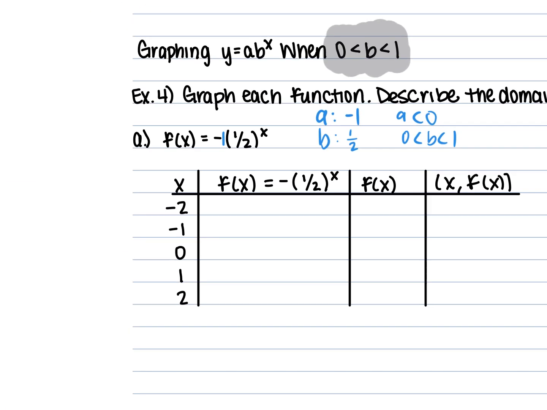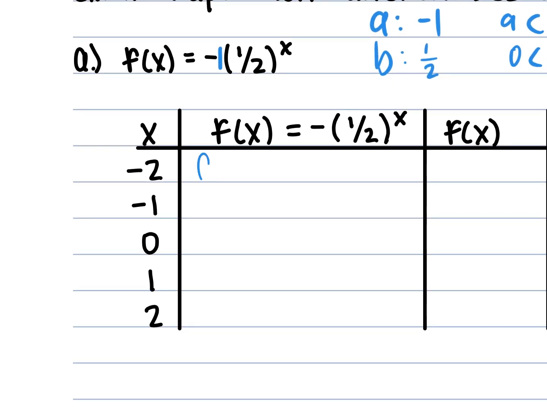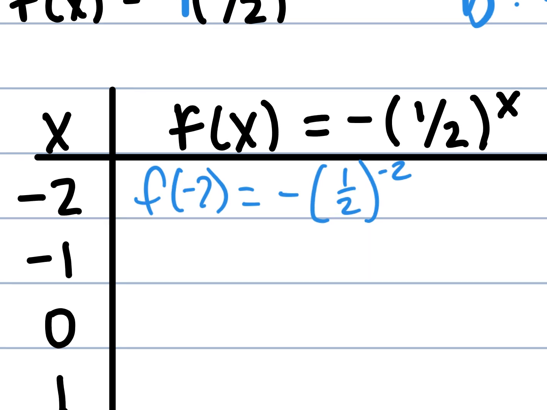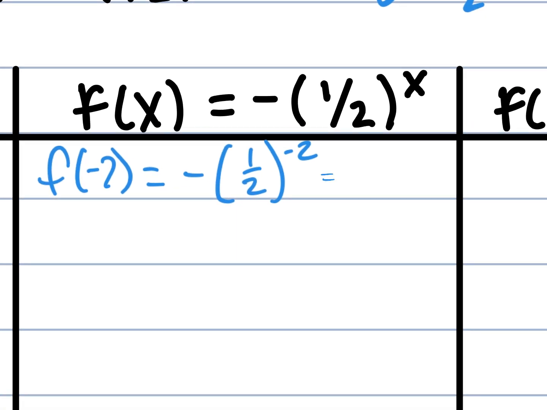All right, let's start by plugging in values. So we're going to plug in -2. F of -2 equals negative, and we're taking 1/2, and we're raising it to the -2 power. Who feels comfortable with these negative exponents now and wants to take a shot at this one? Addison? I changed it to -1 times 2 over 1, and then changed the 2 to a +2.